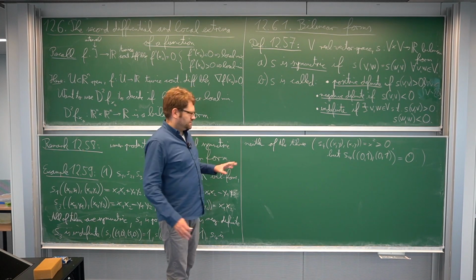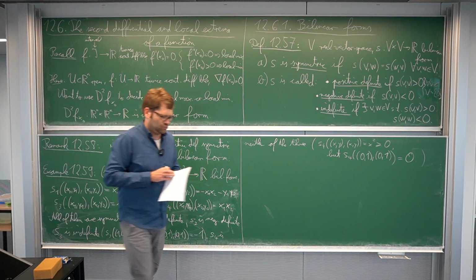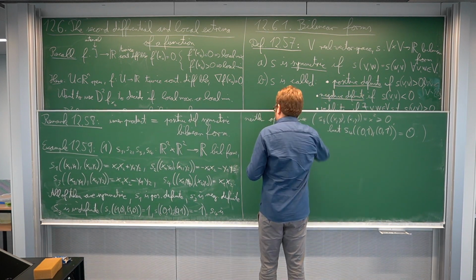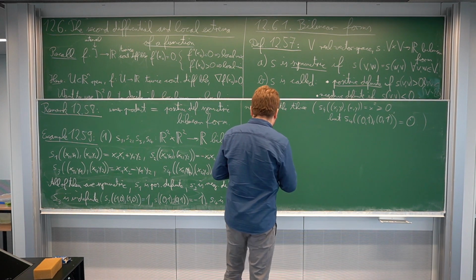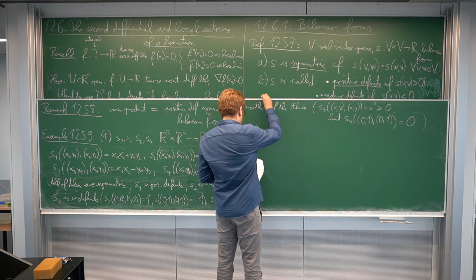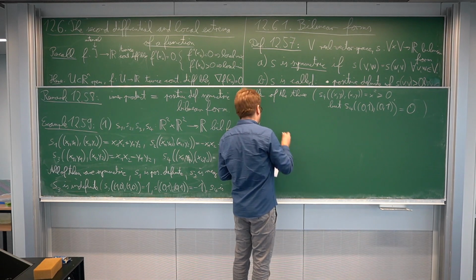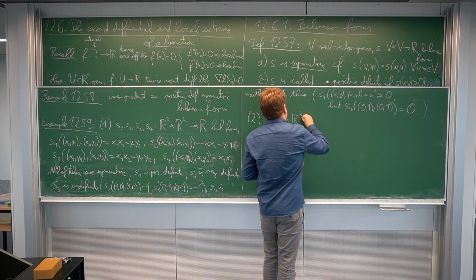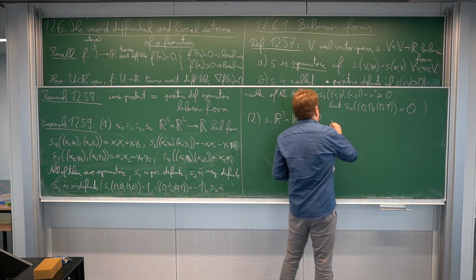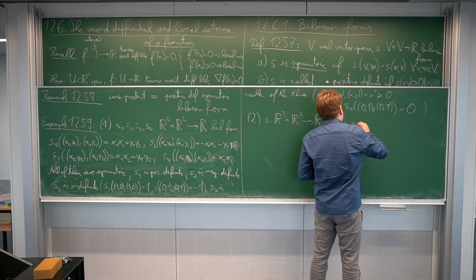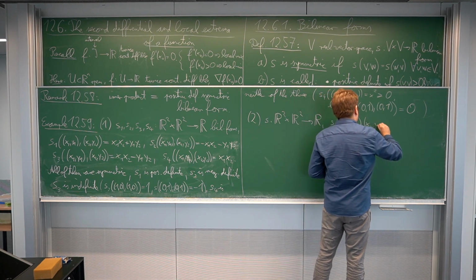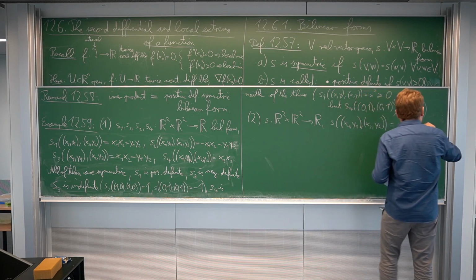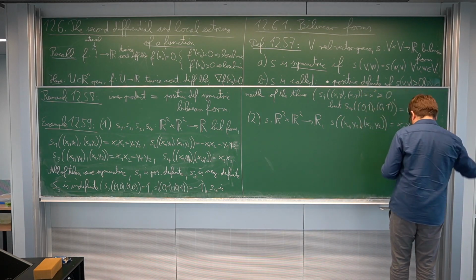Okay, this was the first simple example, and let me do one more simple example of something which is not symmetric, because this was all nice and symmetric here, but there are also simple non-symmetric bilinear forms. An example would be the following one. Let's take S from R2 times R2 to R, where S of x1, y1 and x2, y2 is x1 times y2 minus x2 times y1.